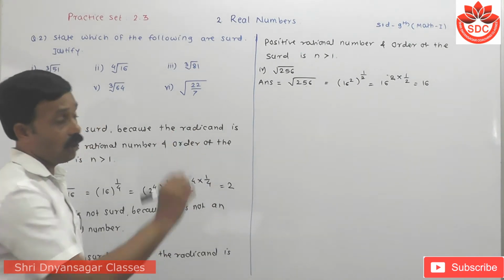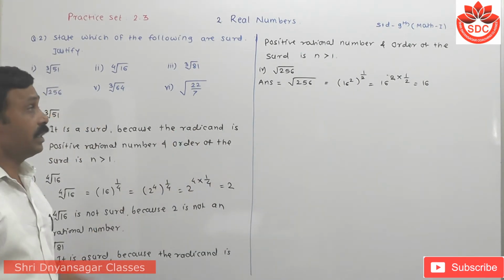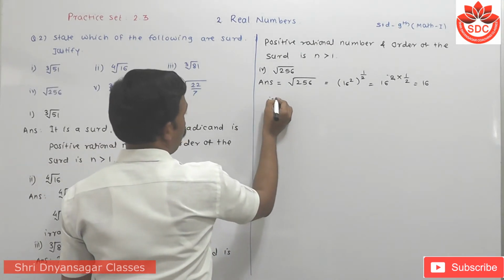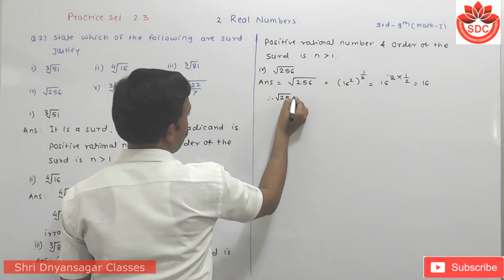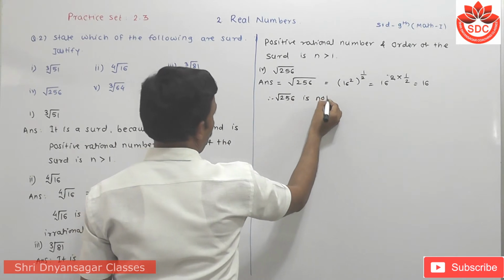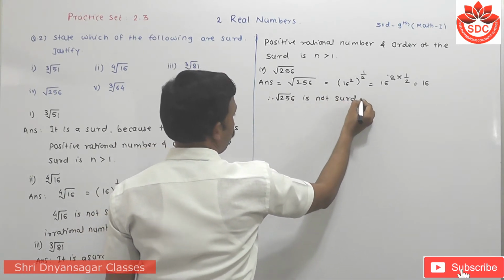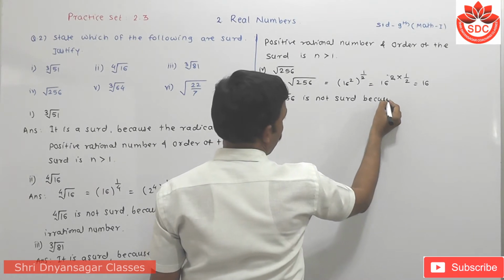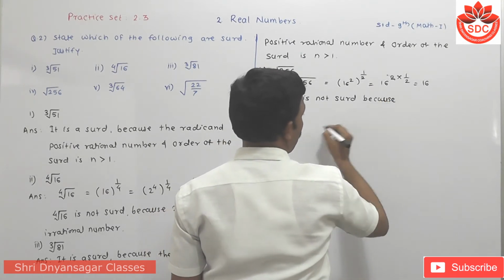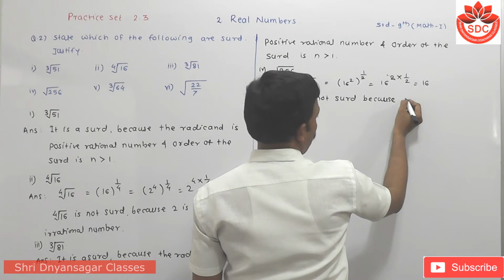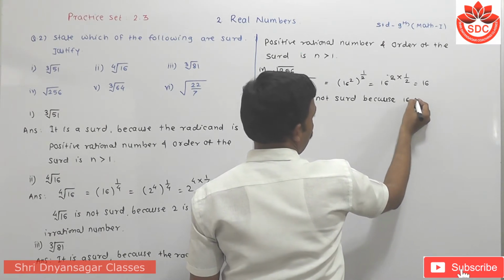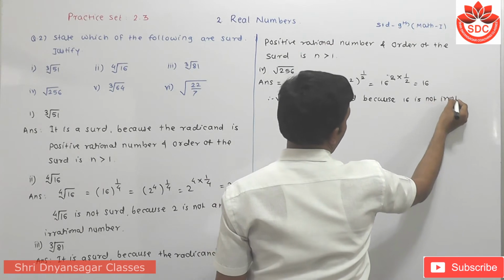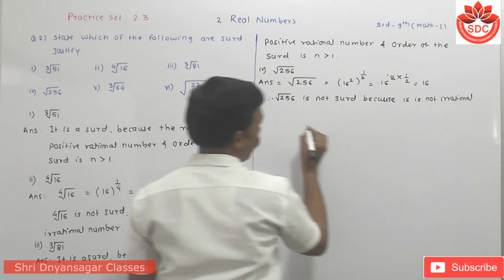It is not an irrational number, which means this is not a surd. Therefore, root 256 is not a surd because 16 is not an irrational number.